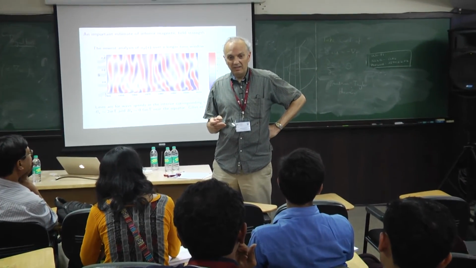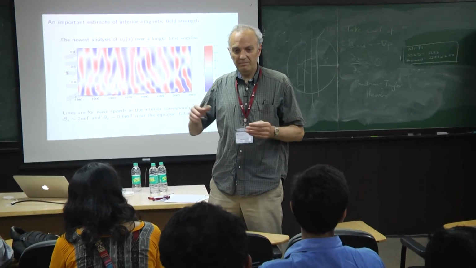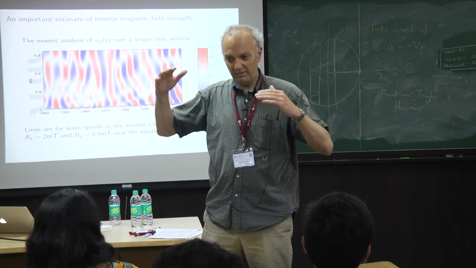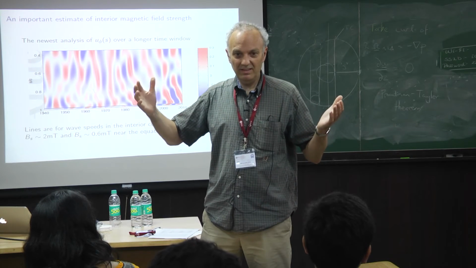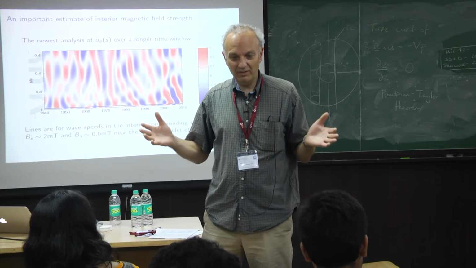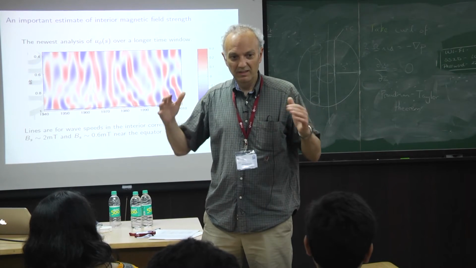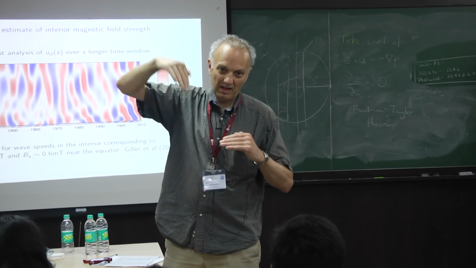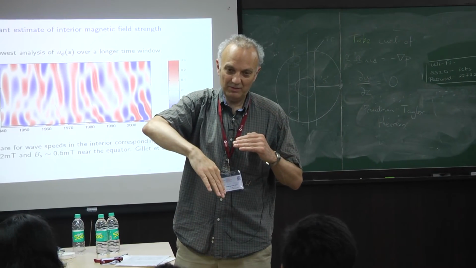The timescales again are very different, right? The timescale for changing the continental mass distribution is of the order of 100 million years. It takes something like 50 million years for a subducted slab to reach the core mantle boundary.